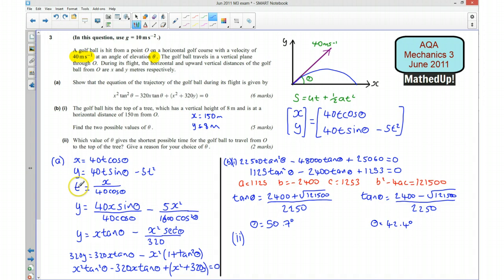So we know that when theta is 50.7 degrees, we can work out the time. So time is going to be equal to, and x is 150, so it's going to be 150 over 40 cos theta.